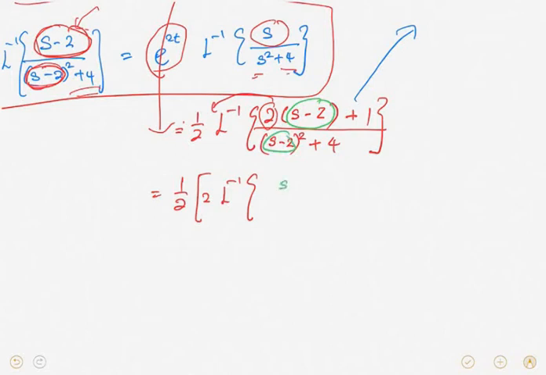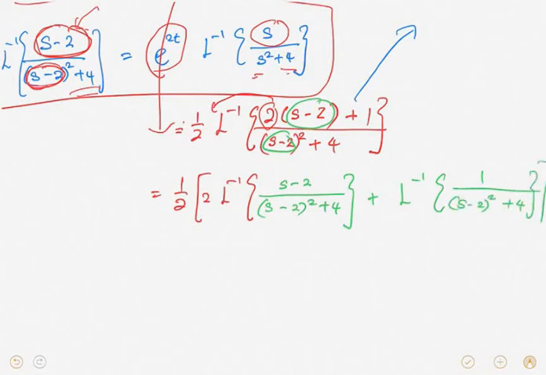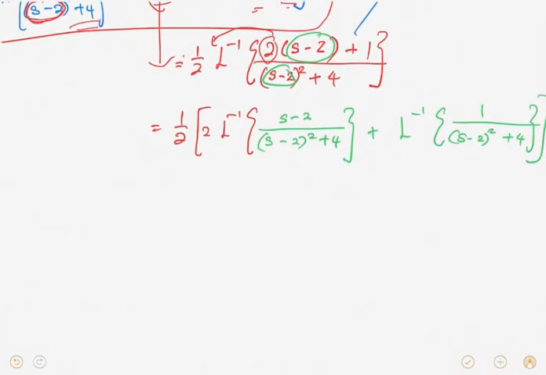So you have s minus 2 over s minus 2 square plus 4. And then plus inverse Laplace transform 1 over s minus 2 square plus 4. Okay, so we still have 1 over 2.